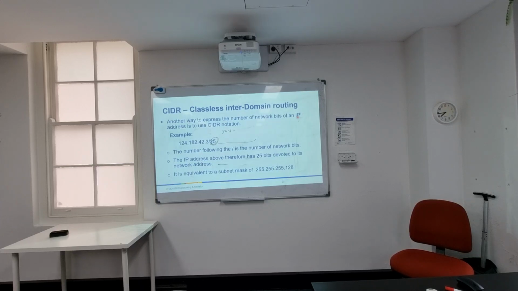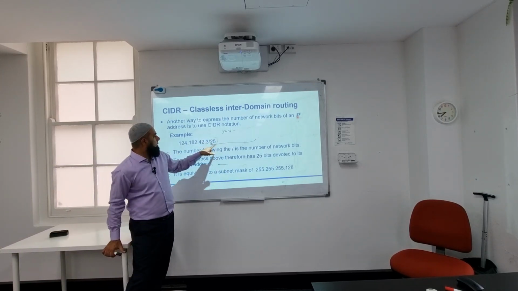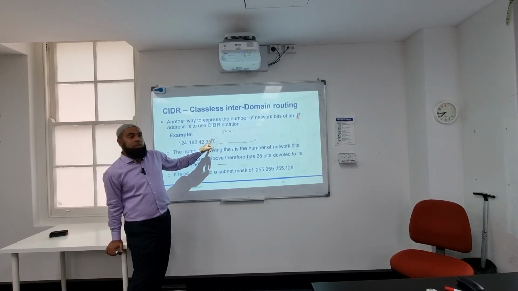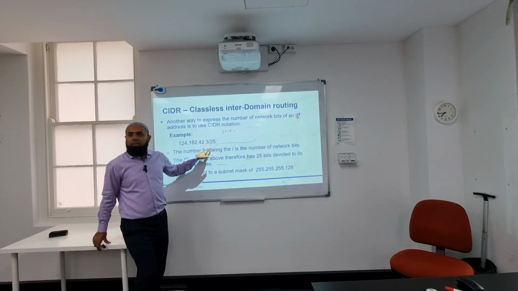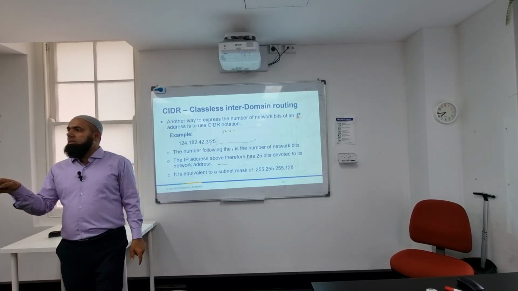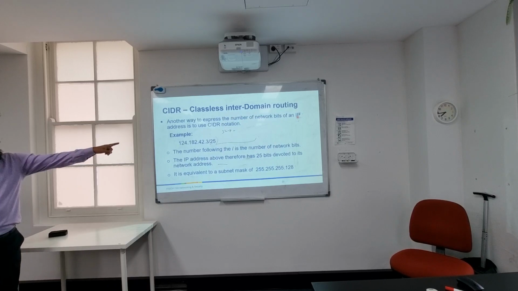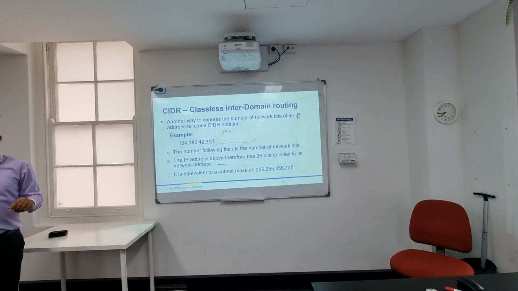So here they are saying slash 25, telling that they are network bits. The CIDR method of writing is your IP address slash 25, meaning 25 network bits are already consumed by 1s. 25 means 25 ones, and the rest are zeros.